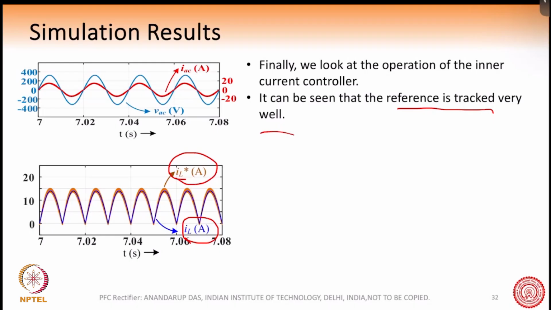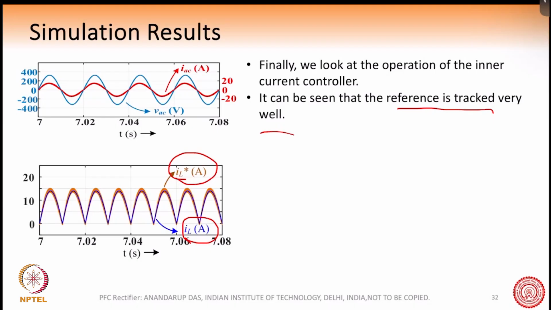We also saw how the inductors and the capacitors can be designed. We took an example in the previous class, and in this lecture we have seen how we can control the current. Two techniques we have briefly touched upon: average current control, which is quite popular, and hysteresis current control, which is commercially available with some manufacturers in the form of some ICs.